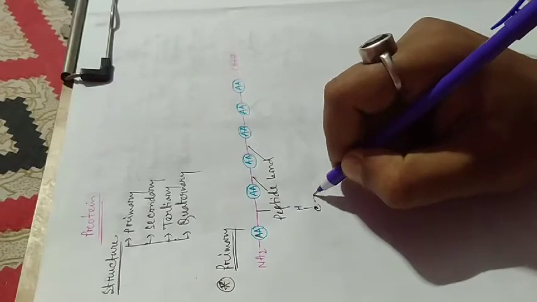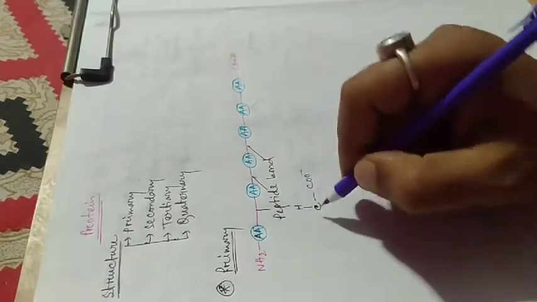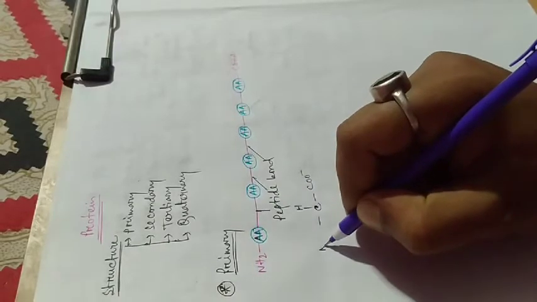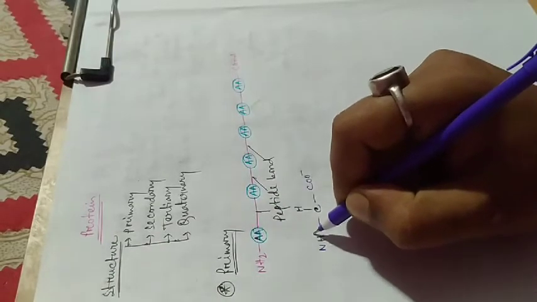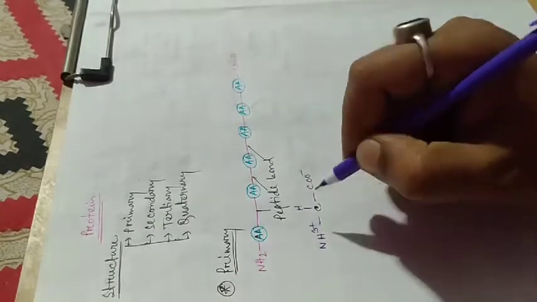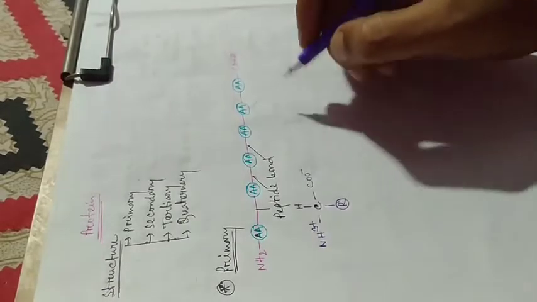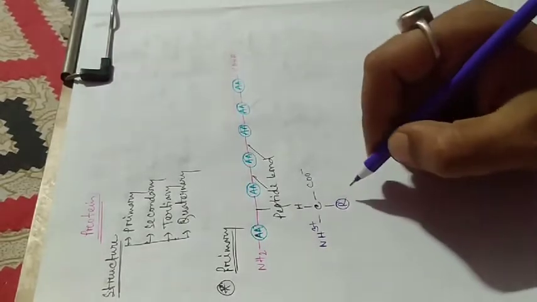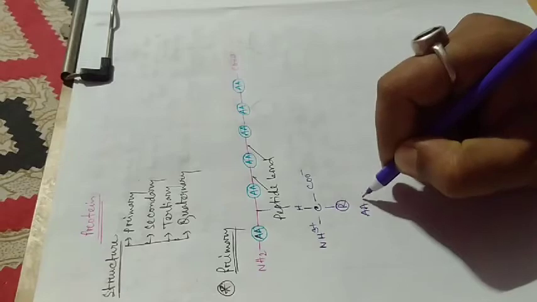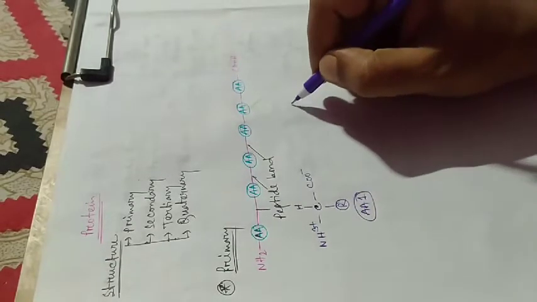That is the simpler structure of an amino acid: NH3 plus, then the R side chain is present there. That is amino acid 1 and that is amino acid 2.